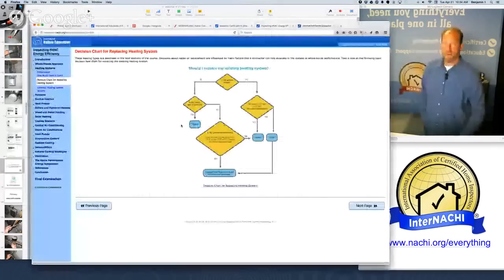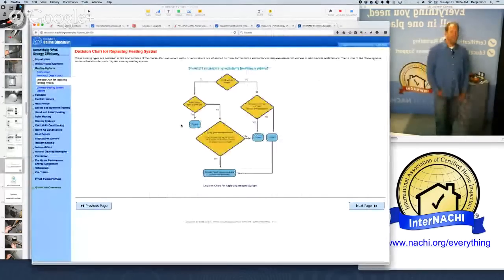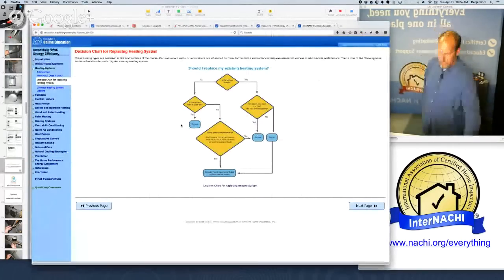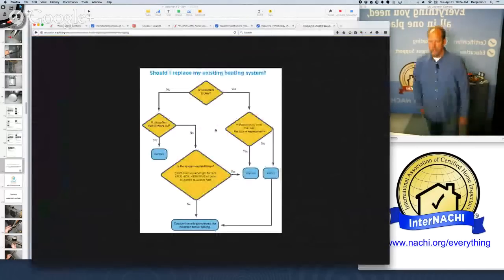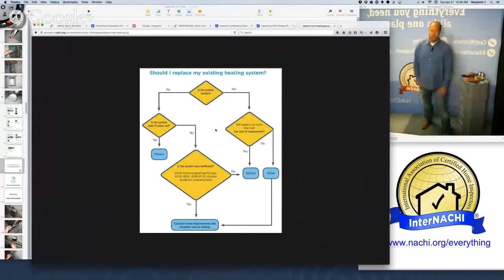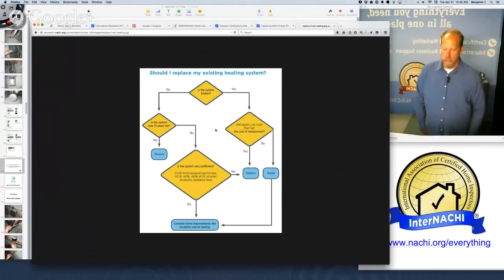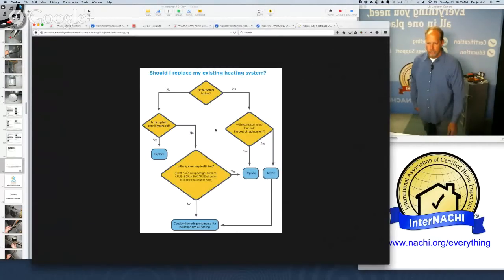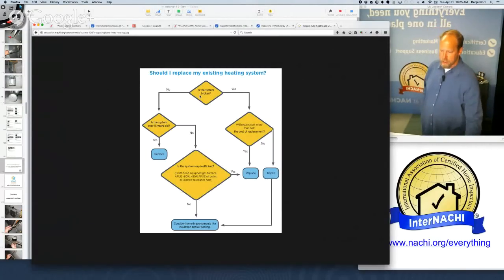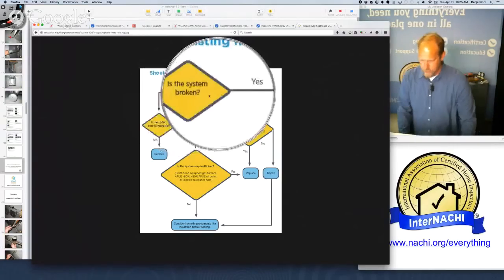We have a course about how to inspect HVAC efficiency, and we have a chart here. And this comes from the Department of Energy Building America Department. So you could always refer to this according to this department of the government. It's simply a flow chart. Is the system broken?